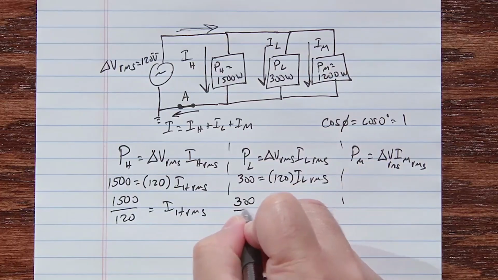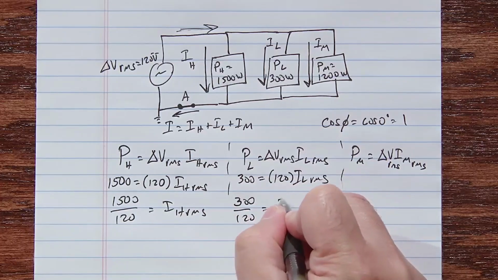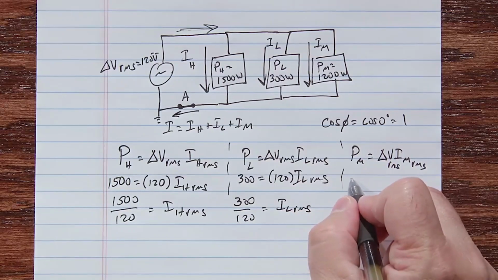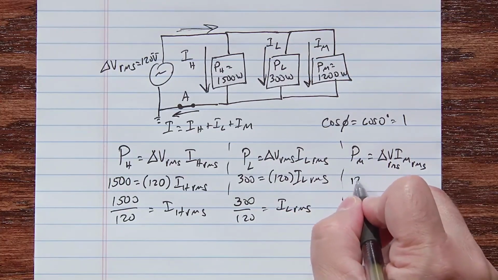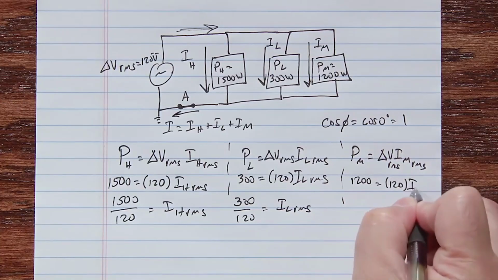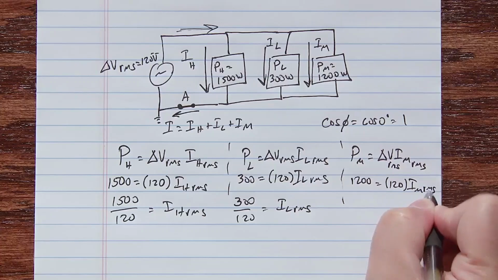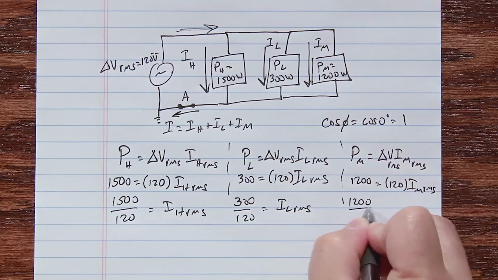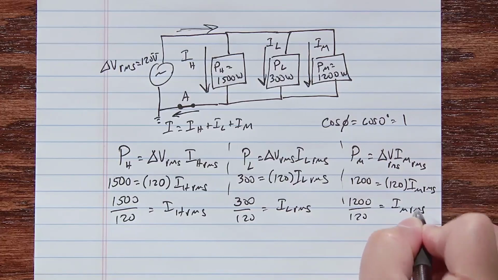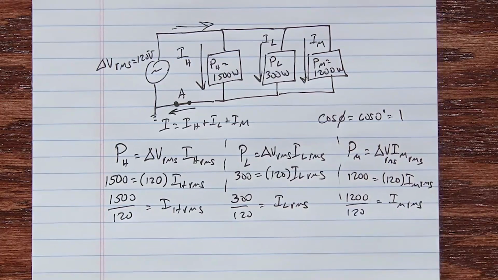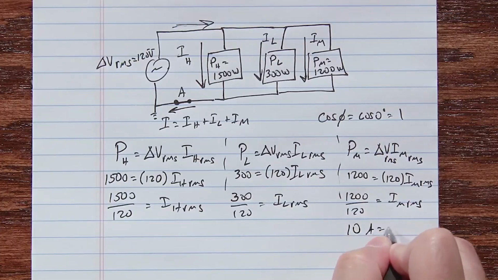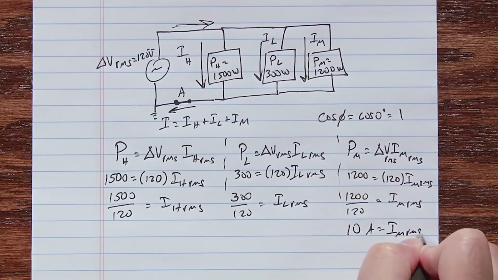So 300 over 120 is equal to I lamp RMS. The power to the microwave is 1200, which is equal to 120 times I microwave RMS. So 1200 over 120 is equal to I microwave RMS. And I can see right away that 1200 divided by 120 is going to be 10 amperes, which is I microwave RMS.